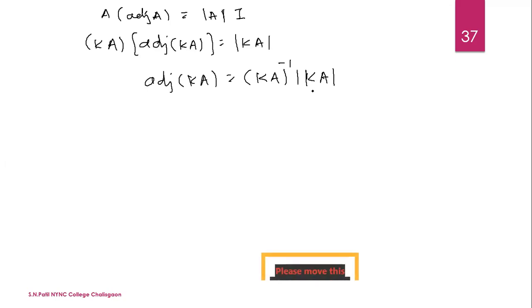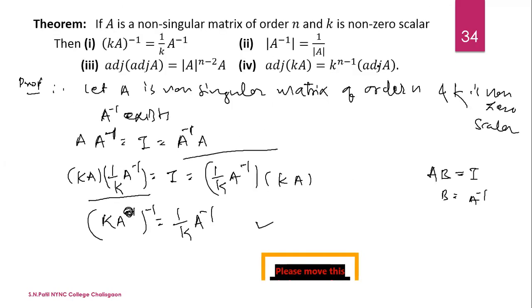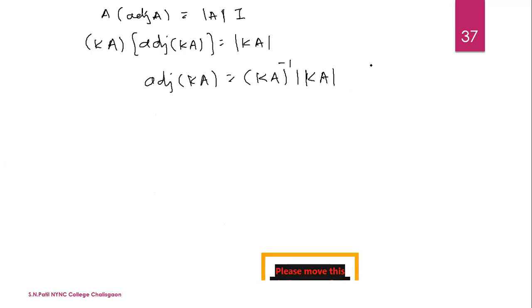Now see what we prove here. Let us check again: adjoint of K into A equals K raised to n minus 1 into adjoint of A. So here we write this statement.